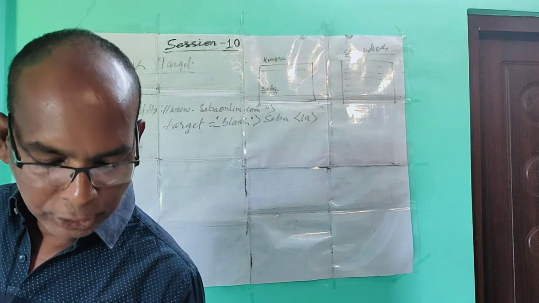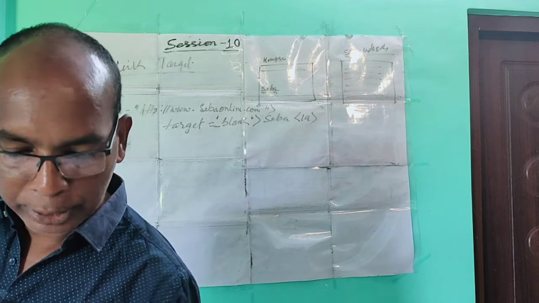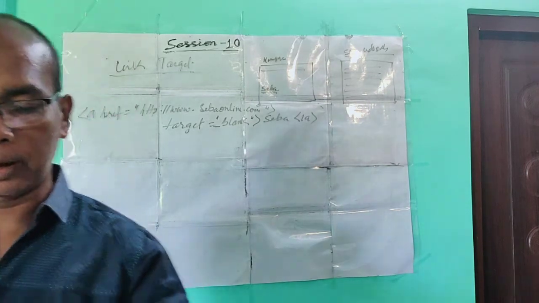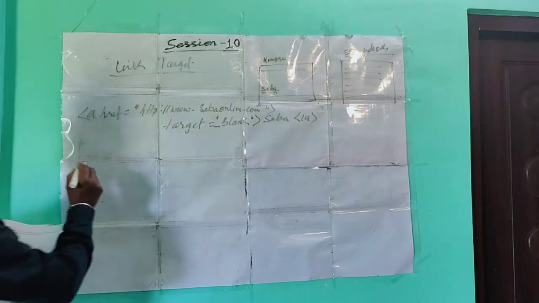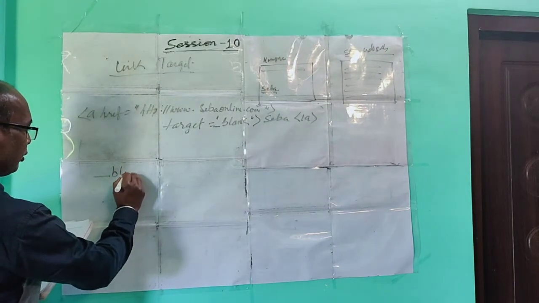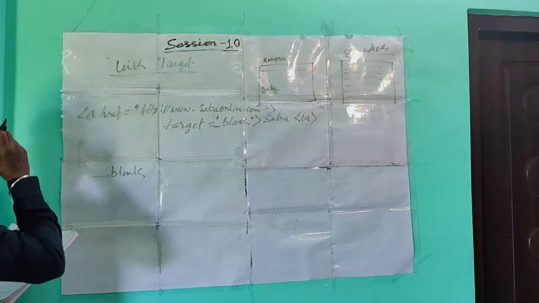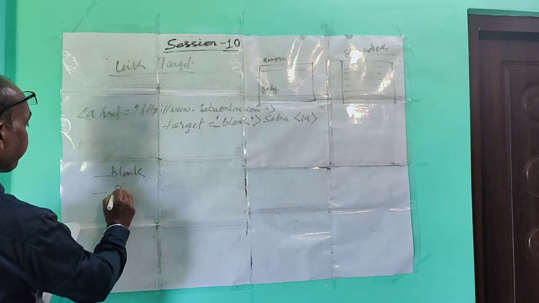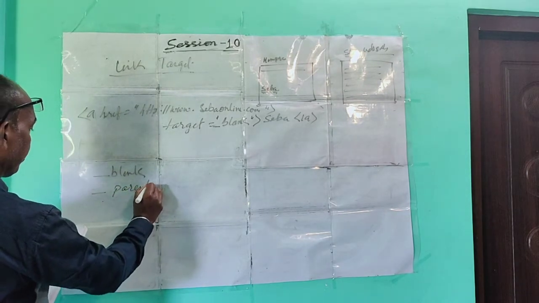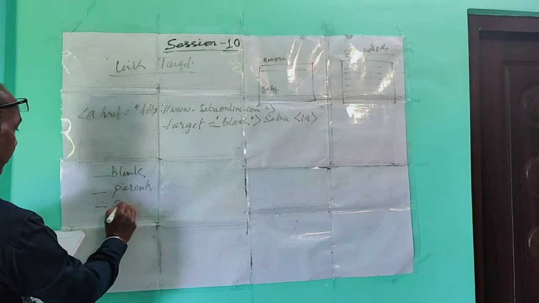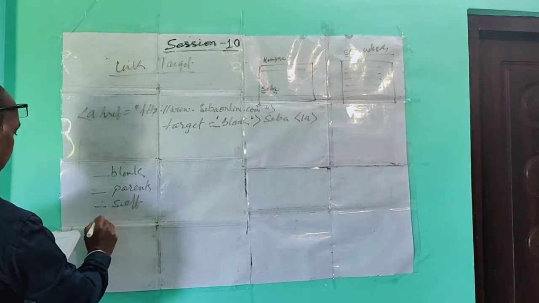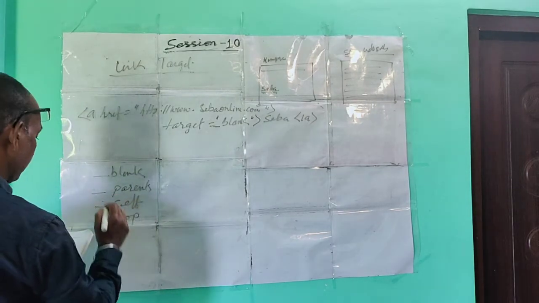So there are some attributes. There is the target attribute, with values blank, parent, self, and top.